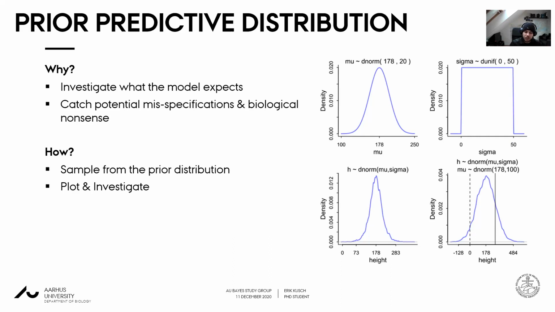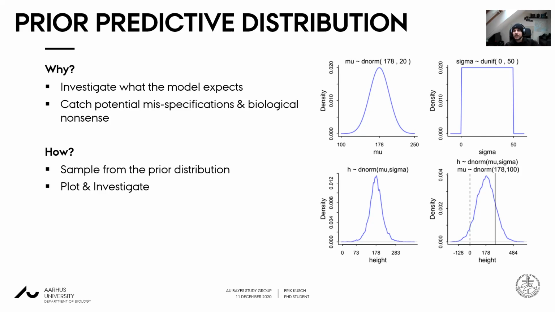Even without data, our model already has an idea of what the world might be like. And we should make sure that that expectation built into the model, A, fits with what we wanted it to be, because we may have misspecified something, and B, makes sense biologically.